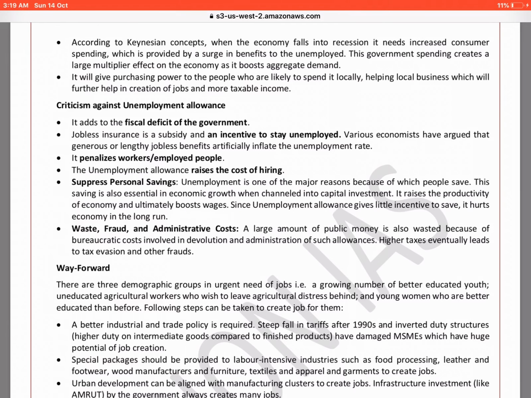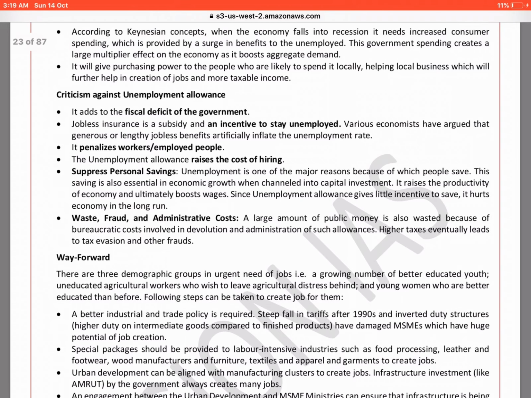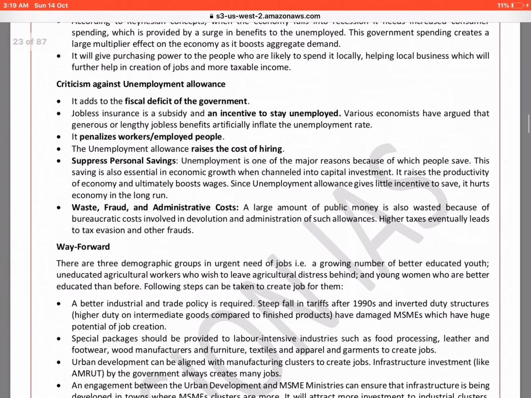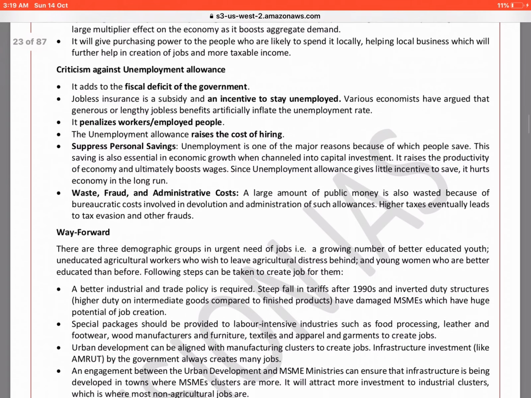The idea is good, but the amount being set is not up to the mark. 1000 rupees or 2500 is not something a person can spend on rent, clothes, food and all the other activities, and on health expenditure also. It will give purchasing power to people who are likely to spend it locally.